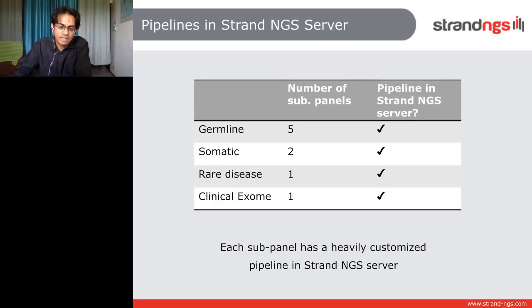So we have a somatic panel, we also have a rare disease panel and also a clinical exome panel, and each of these panels has several sub-panels associated with them, and each sub-panel has a pipeline in Strand NGS Server. These pipelines are heavily customized, not interchangeable. Each pipeline has been worked on for hundreds of man-hours, and each pipeline has been validated, as you saw earlier, with the CAP and the NABL validation and so on.